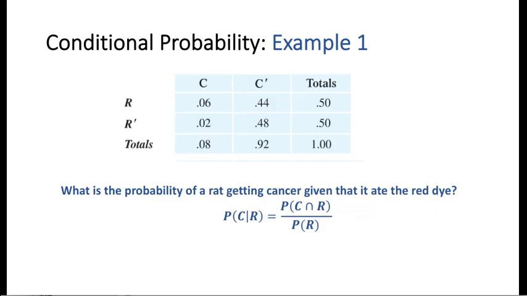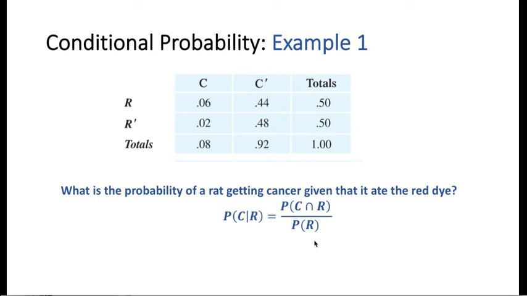Okay, so what's the probability of a rat getting cancer given that it ate the red dye? Once again, once I see that word given, immediately I'm thinking about my conditional probability equation. So the probability of getting cancer given that the rat ate red dye is equal to the probability of cancer and eating red dye divided by the probability of red dye.